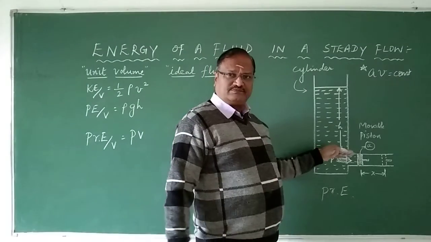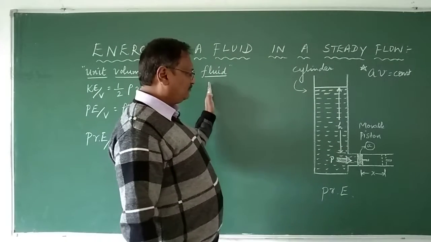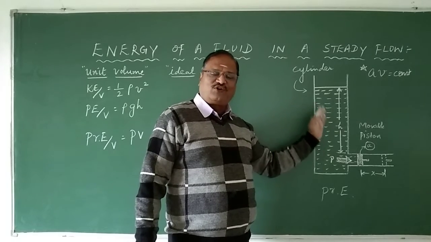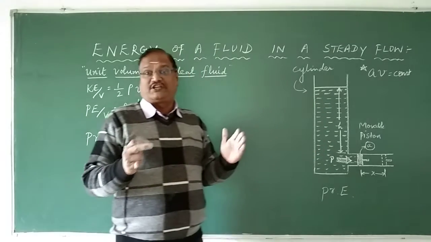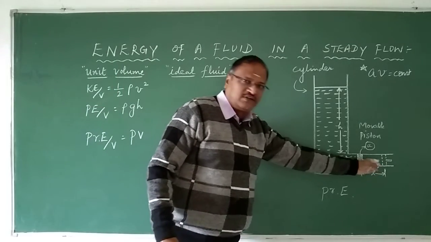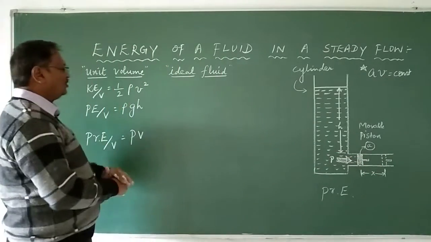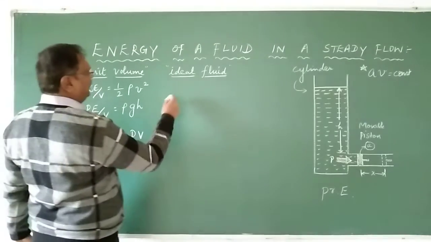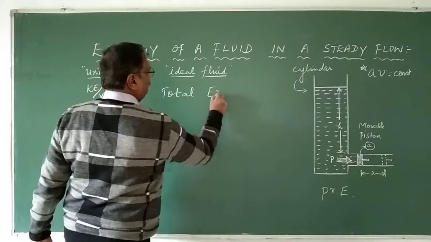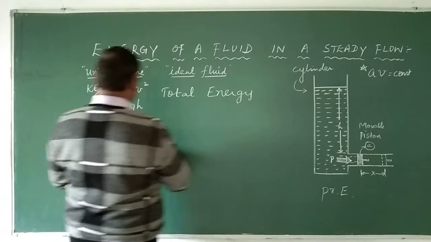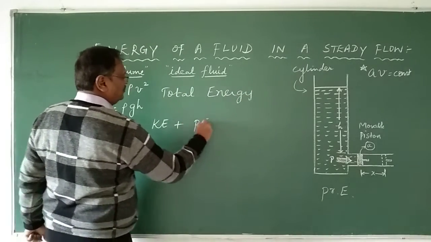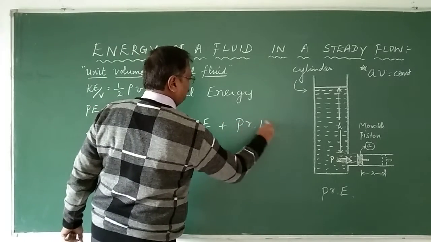See, there is a liquid, again an ideal fluid: non-viscous, non-rotational, steady flow, and the density is incompressible. With this liquid which is moving, this is the energy we got. So, what is the total energy? Total energy is equal to kinetic energy plus potential energy plus pressure energy.